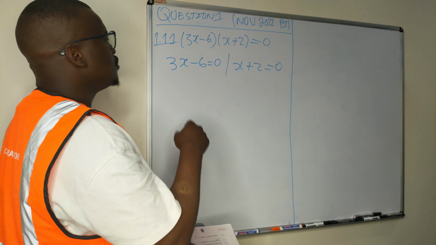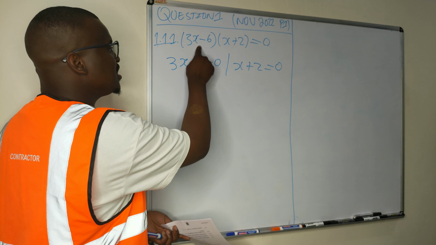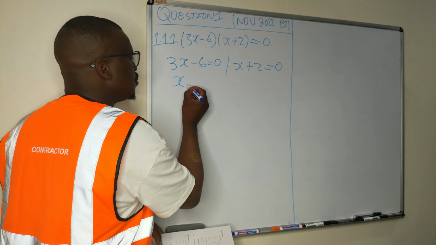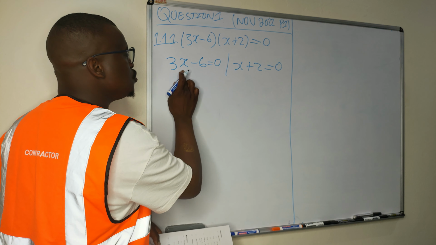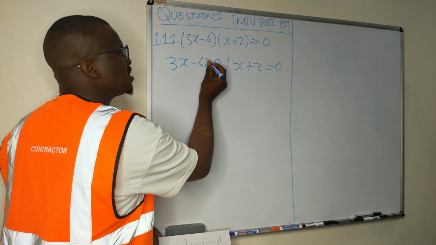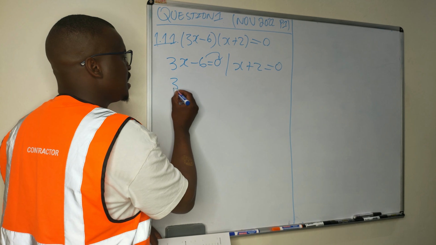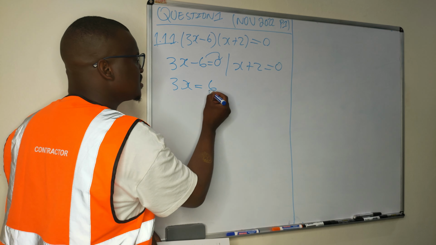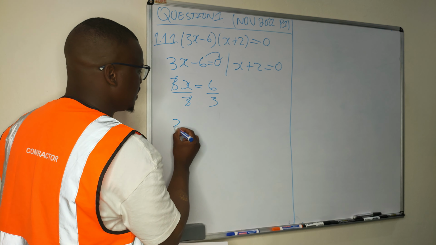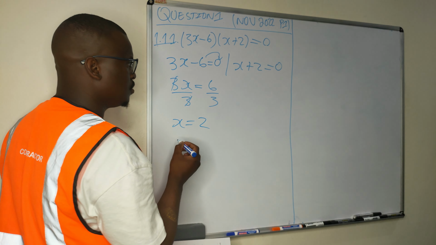For this part to be 0, you must find the x value such that this bracket is 0. So you transpose this to the side. 3x is equal to 6, divided by 3 on both sides. Your x is equal to 2.